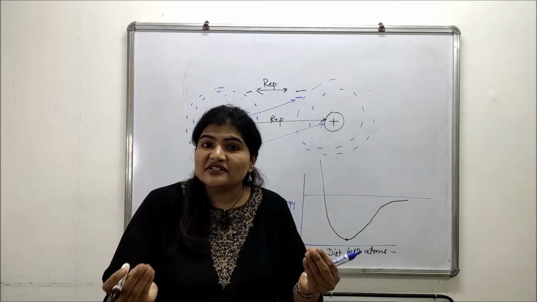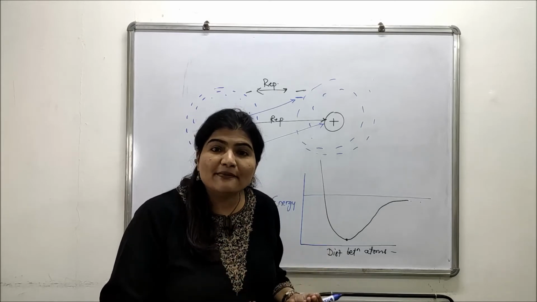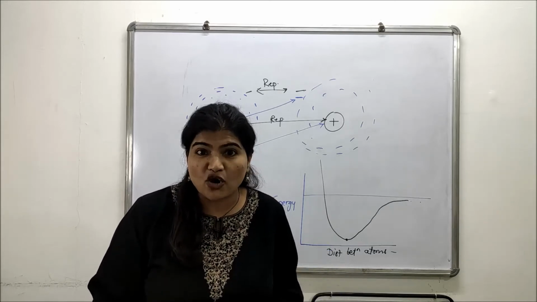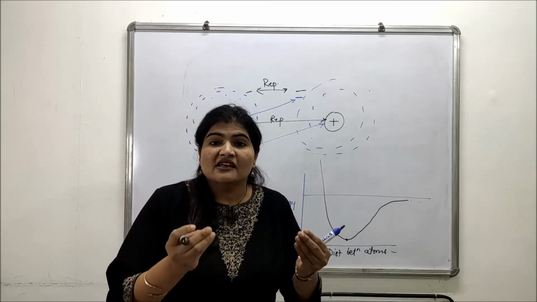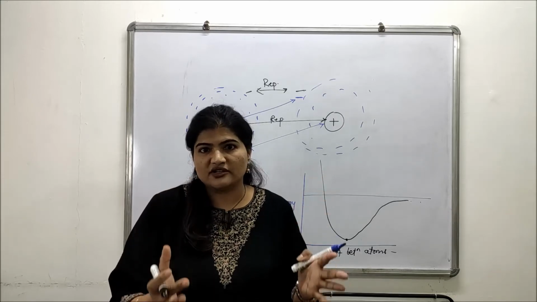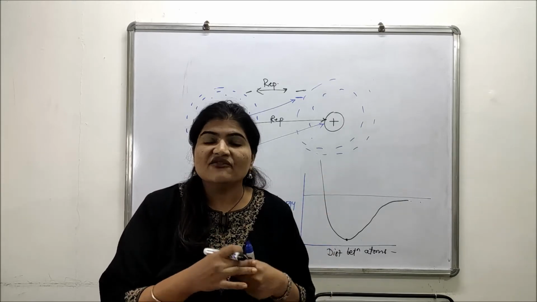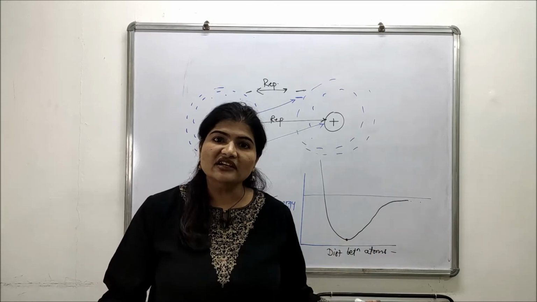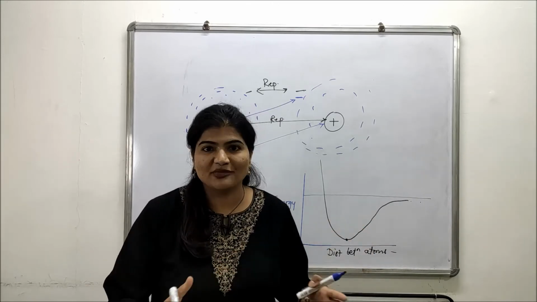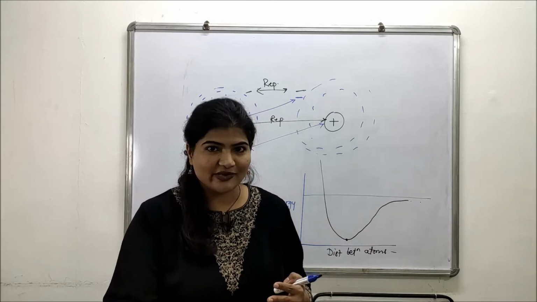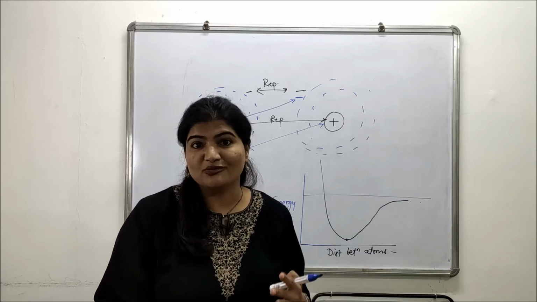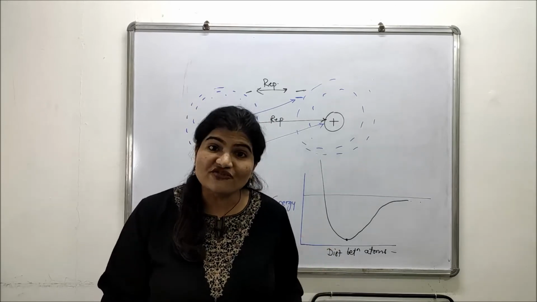So a very basic requirement to be able to form a chemical bond is that you need less electrons in your outermost shell. If your outermost shell is completely filled, then a chemical bond will not be formed. So it is the case with noble gases. They don't form any chemical bond, but other elements, they do form chemical bonds.